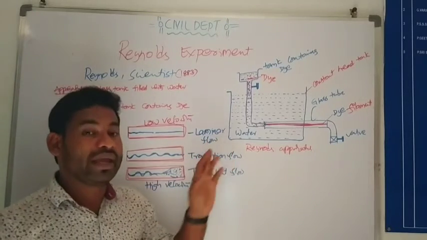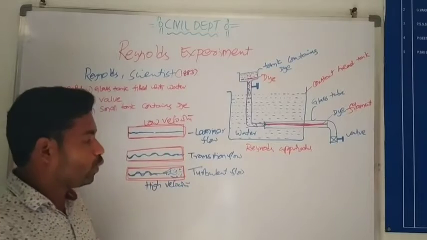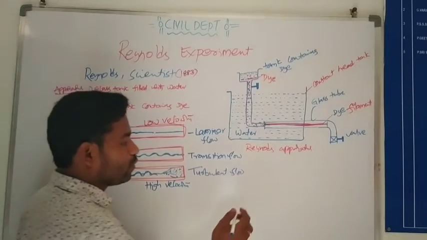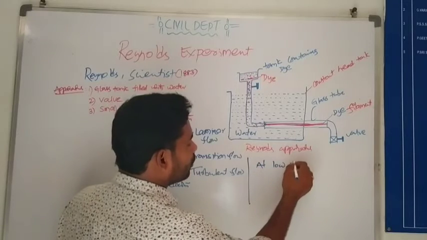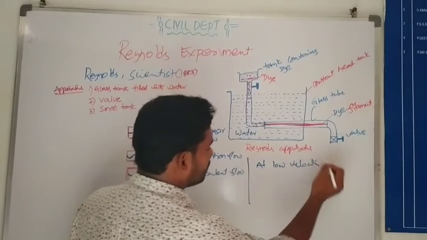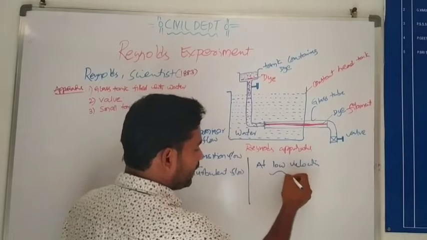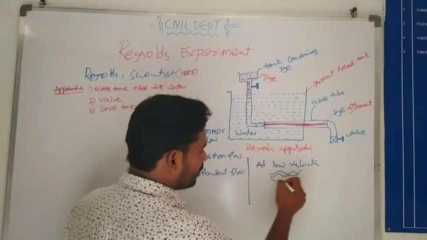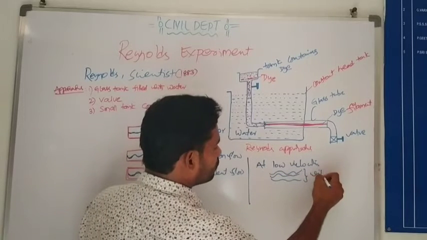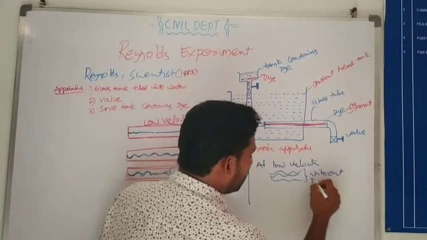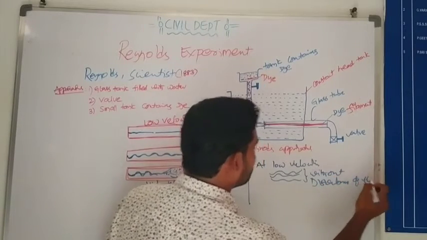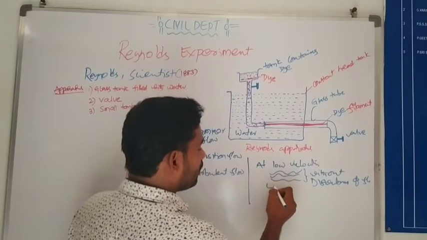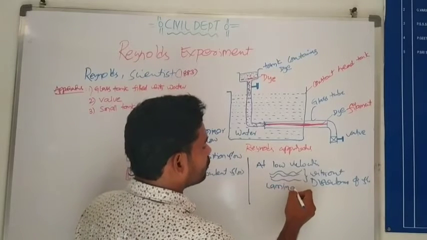What is laminar flow? At low velocity, the liquid flows layer by layer without disturbance of the flow. It is called laminar flow.